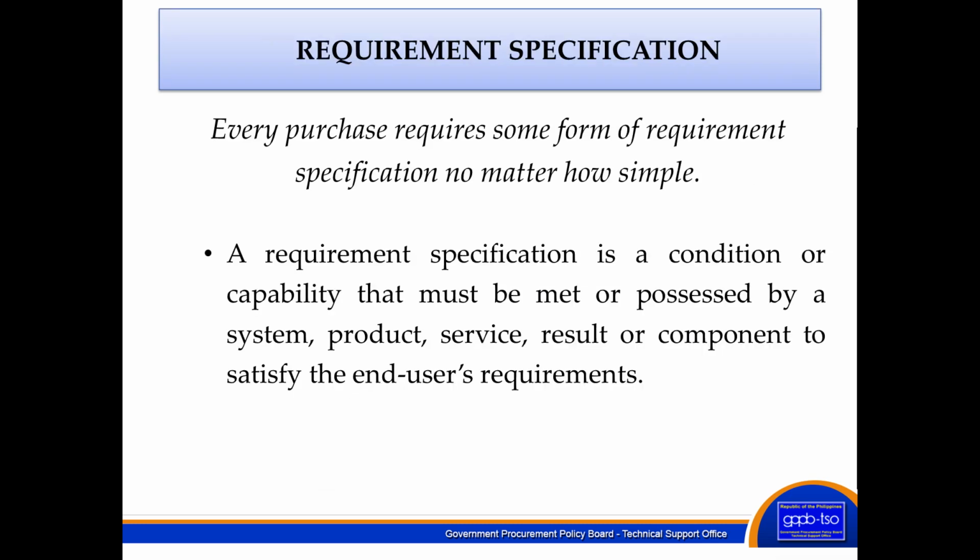So the requirement specification: every purchase requires some form of requirement specification, no matter how simple. A requirement specification is a condition or capability that must be met or possessed by a system, product, service, result, or component to satisfy the end user's requirements.